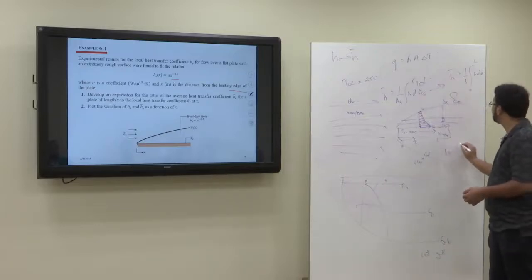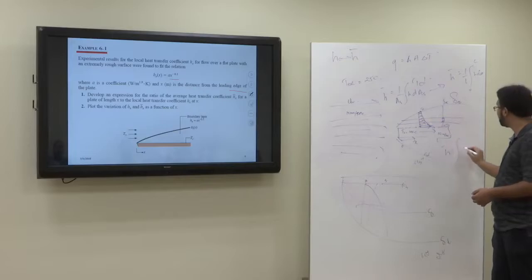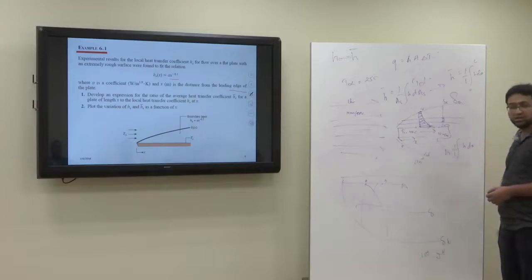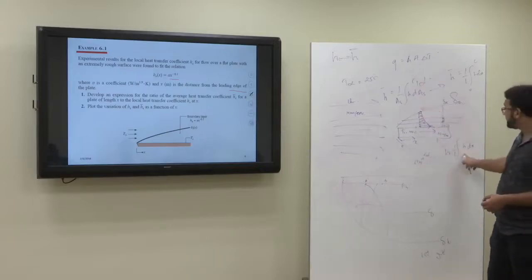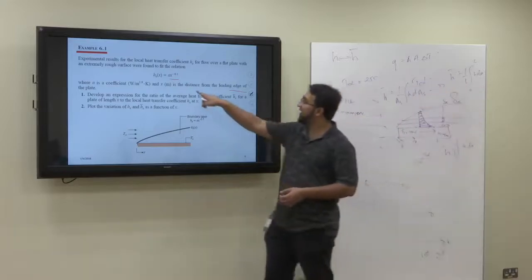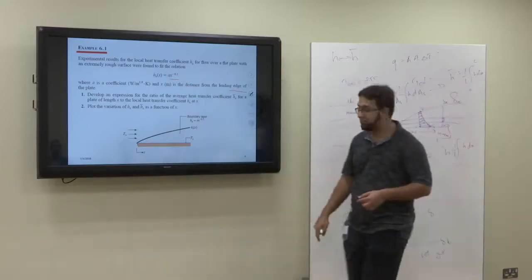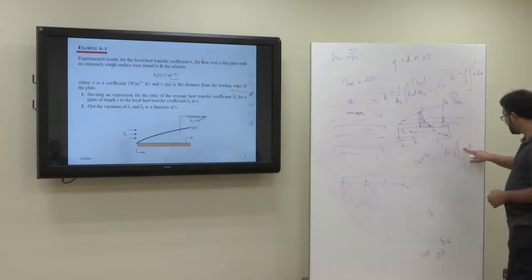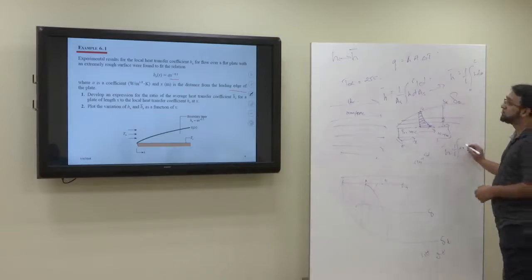So h bar, the average value, is equal to 1 upon L, integral h dx. Now the local value h is given here as a x raised to the power negative 0.1. Let me put the value here: a x raised to the power negative 0.1.